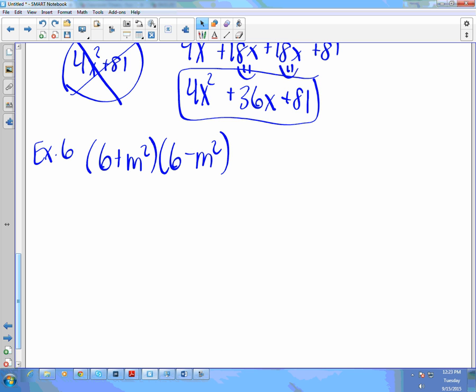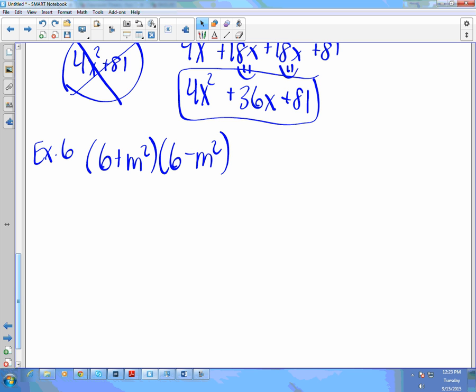Negative 6 plus 6. Good. Got it. Just a negative times a positive is a negative. So you get a fourth term here, you use your m squared times m squared.